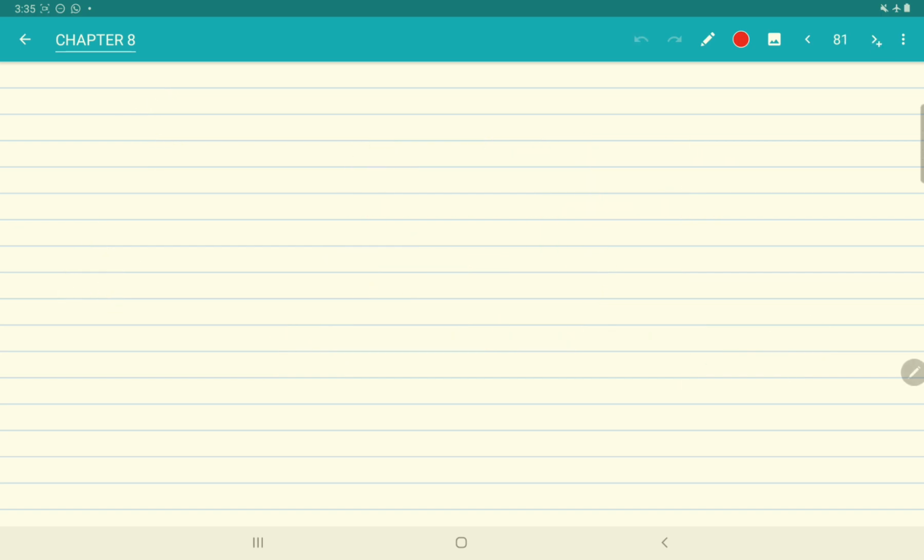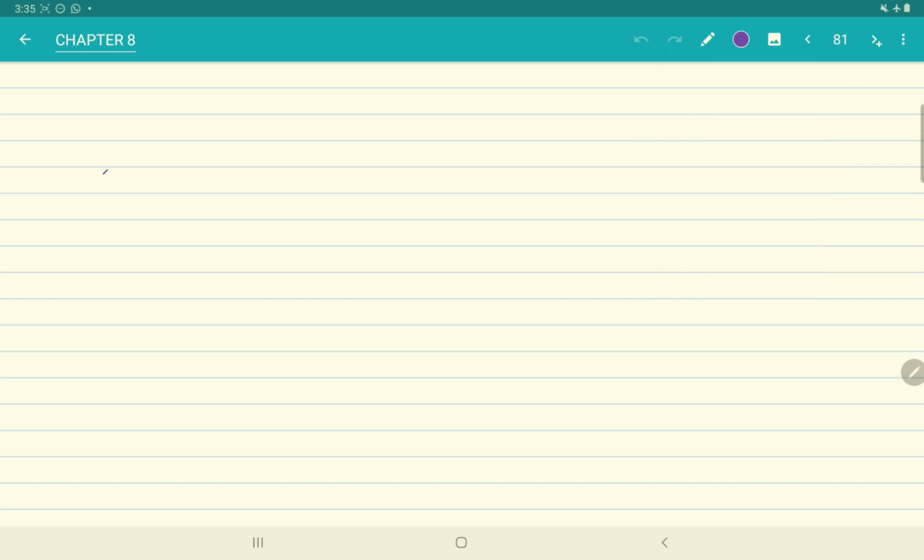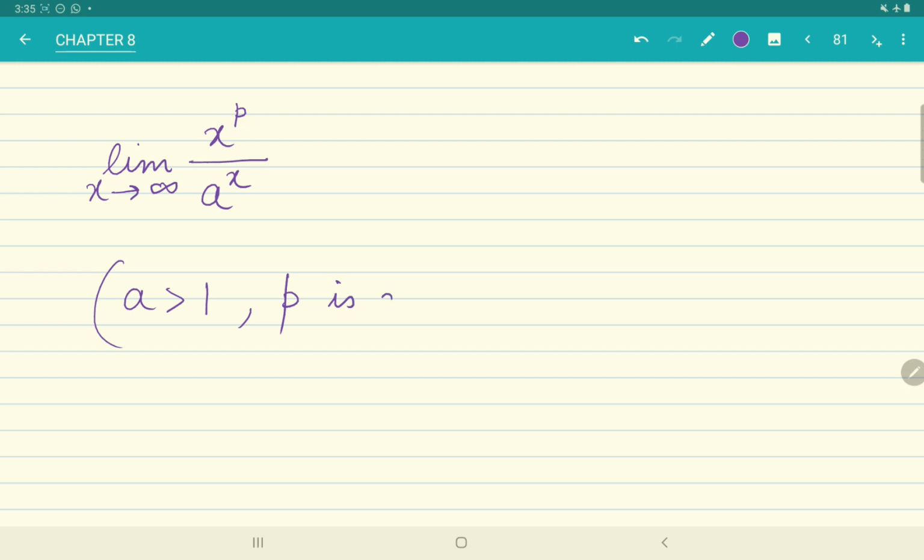Keeping this in mind, I can say that if I have the limit as x tends to infinity of x raised to the power p divided by a raised to the power x, I have to keep in mind that a is greater than 1 and p is a fixed number.